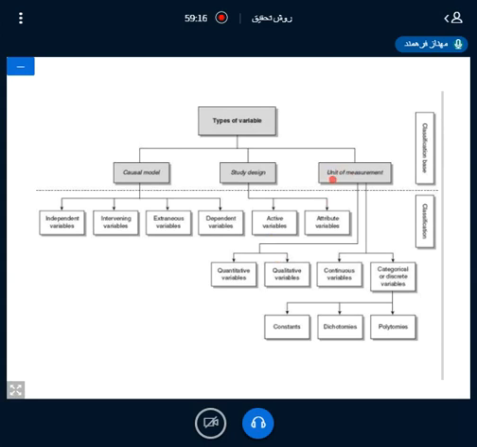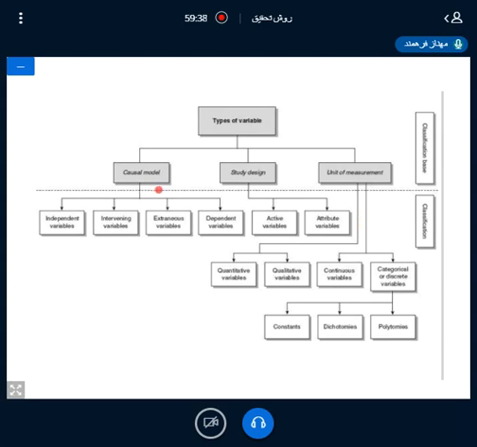Unit of measurement is going to divide the variables into four types for us: quantitative variables. Please notice these variables are related to unit of measurement.